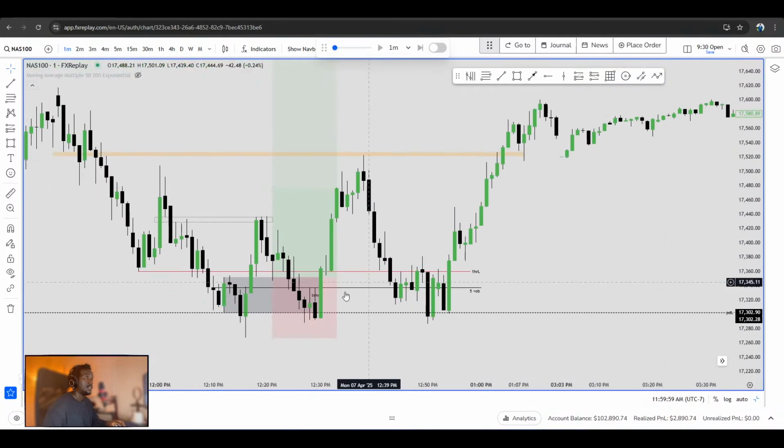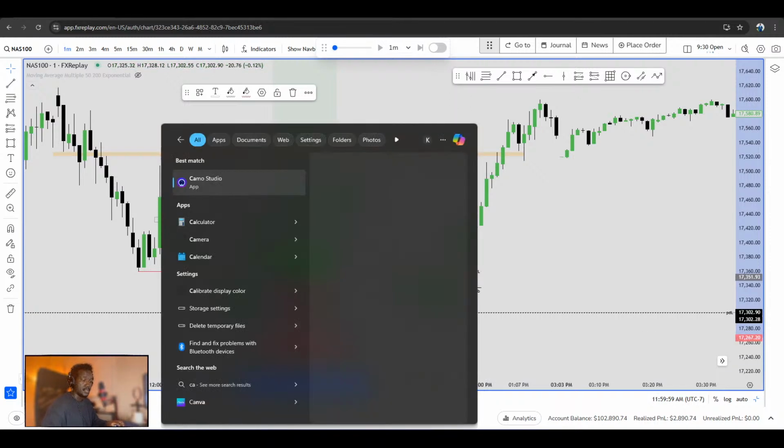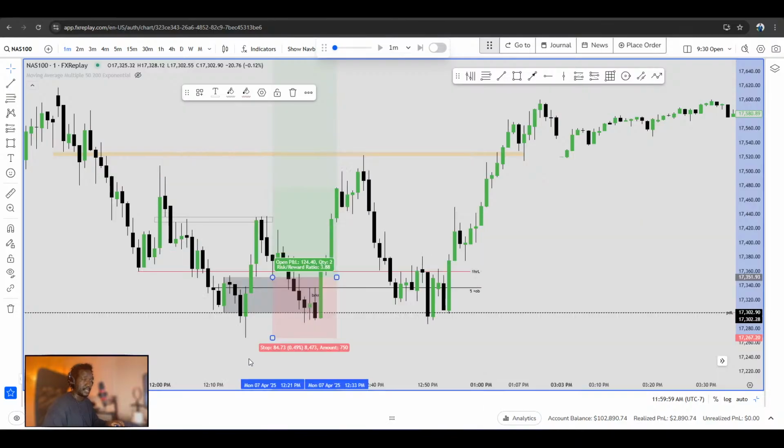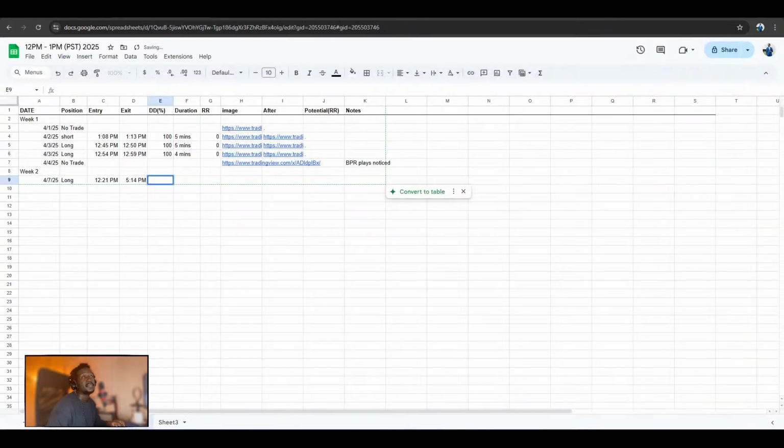So what I do is I see the total points of my stop loss was 124, and how far did it go? 63. So how I would do that is pull up that calculator, and then I'll do 63 divided by 124, and then to get the percentage times 100, so that will be 50.8, 51%.